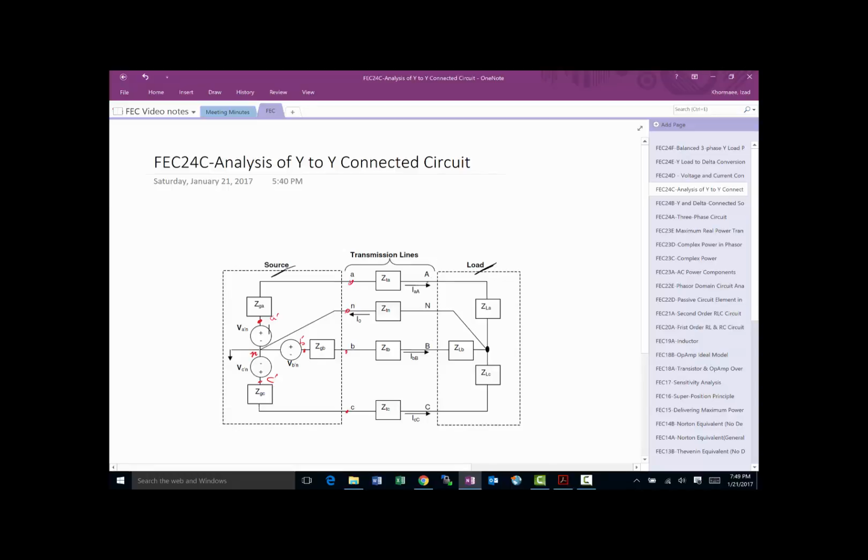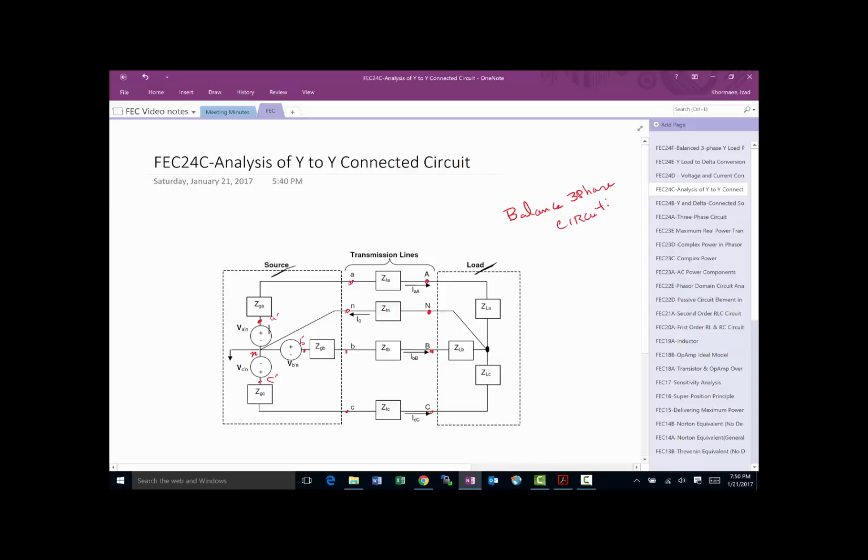As you can see, for the loads we use a capital letter A, capital letter N, capital letter B, and capital letter C to refer to the connection to the load. And of course the loads will be referred to as load A, load B, and load C. Now our focus throughout this chapter is going to be a balanced three-phase circuit.